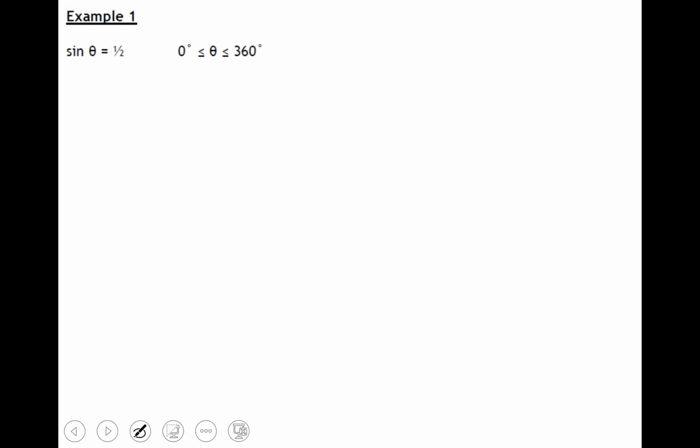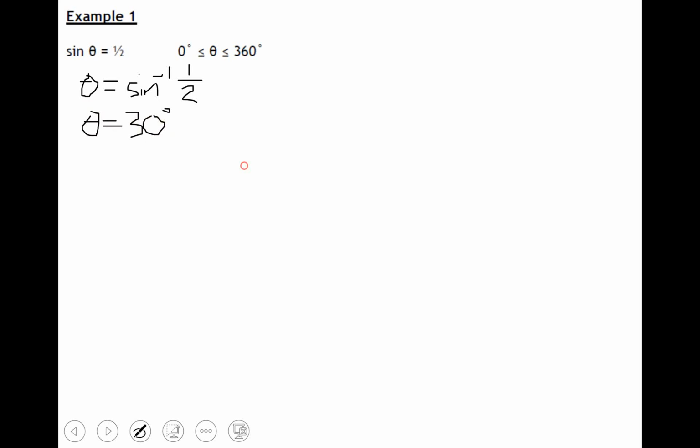So in this case we're trying to solve sine theta equals a half, where theta is between 0 and 360 degrees. We start off by doing sine inverse of a half, which we can do on a calculator or through our exact trig knowledge to find that theta must therefore be 30 degrees.